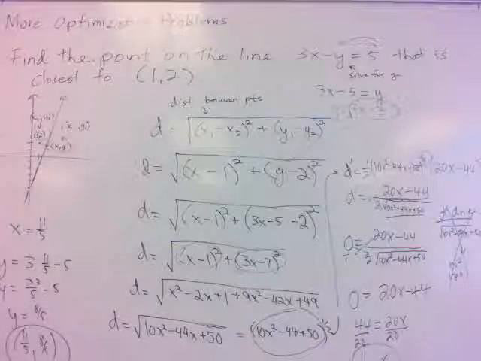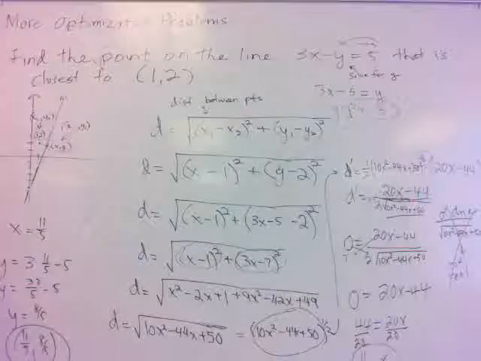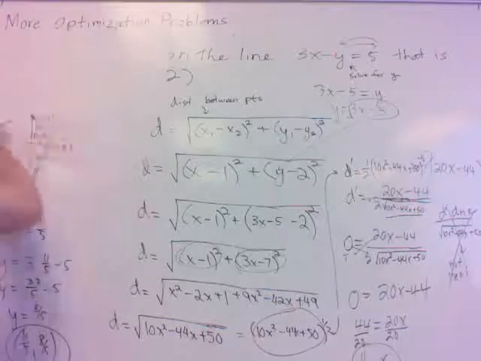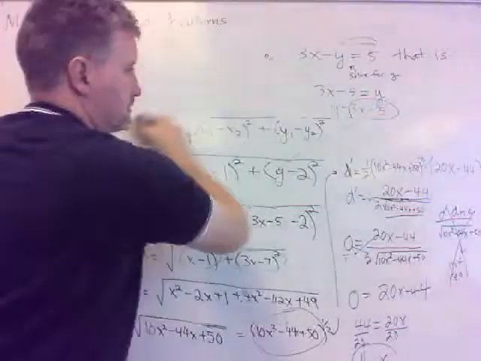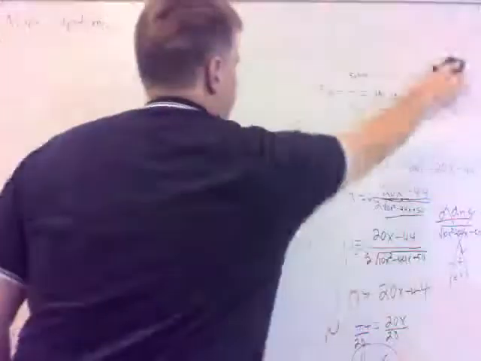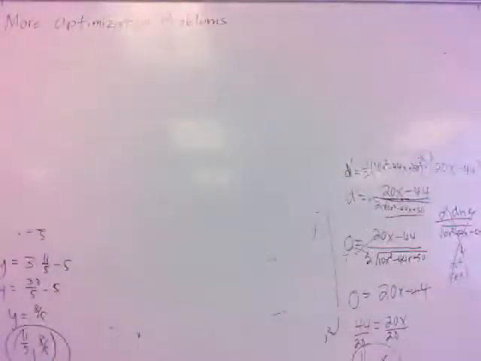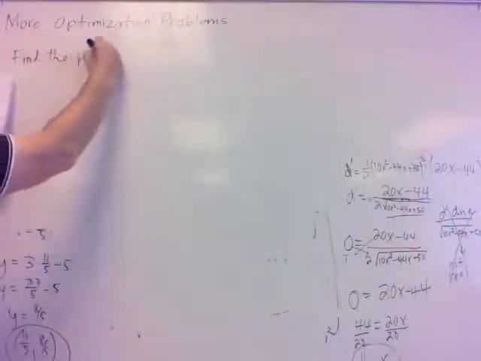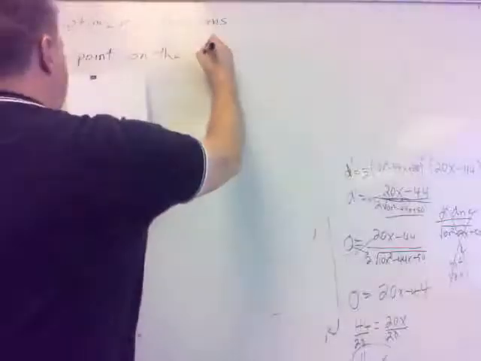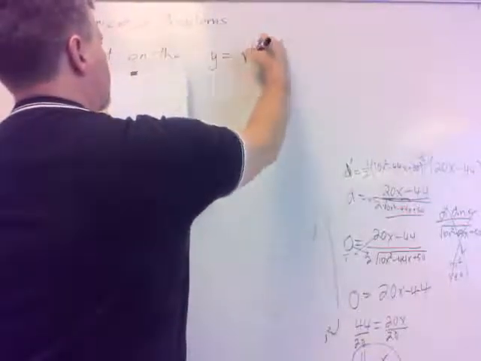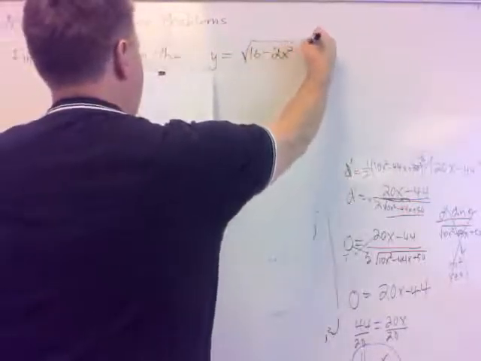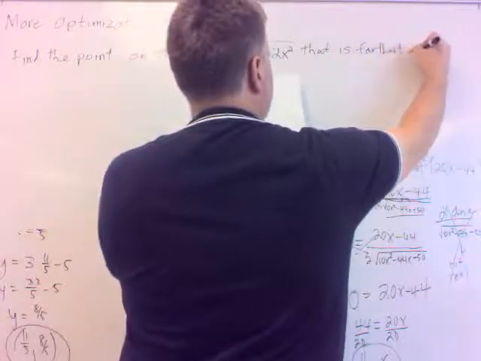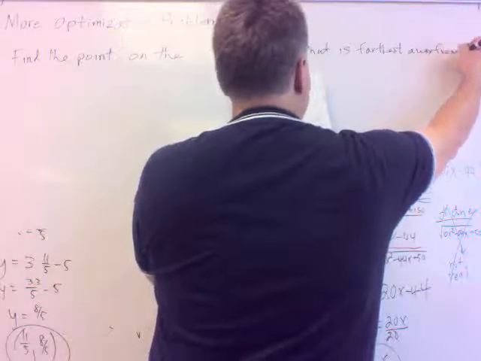Okay. Similar one. This next one is a similar one. Find the point on the curve y equals square root of 16 minus 2x squared that is farthest away from the point (1, 0).